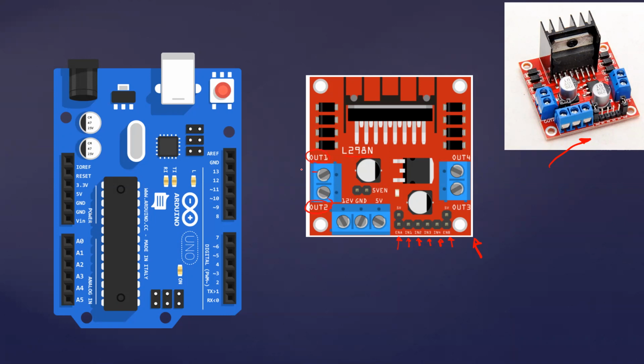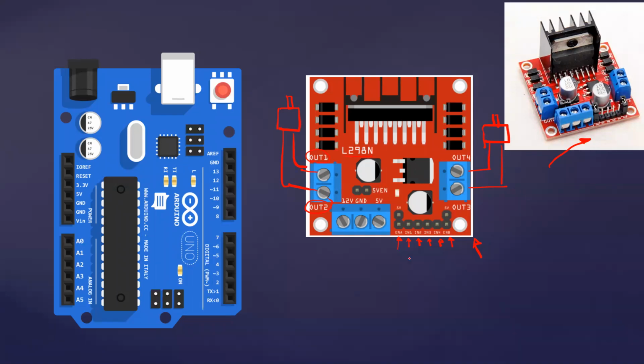These two connectors are connected to one DC motor, and we can connect the second motor to the terminals output 3 and output 4. In this way we can drive two DC motors simultaneously by using this driver.